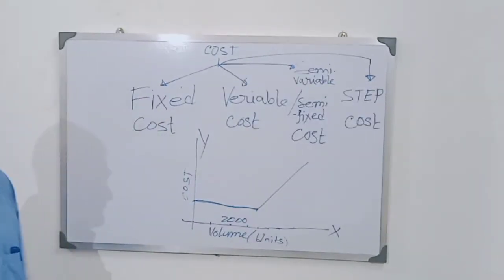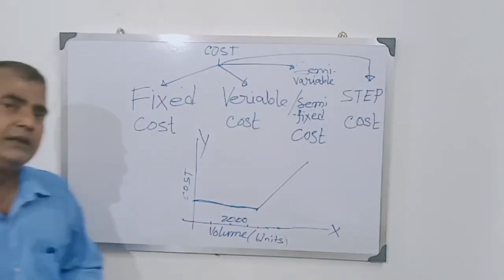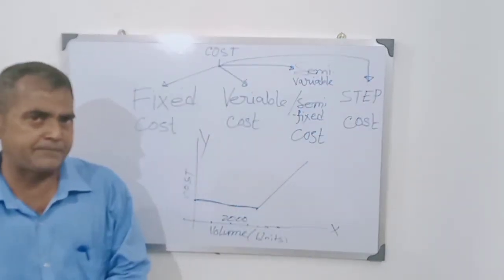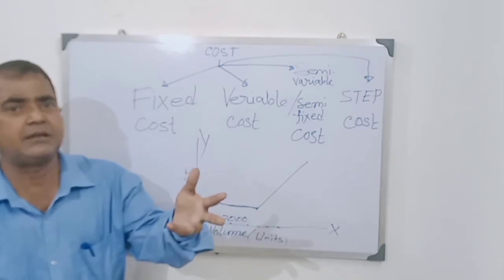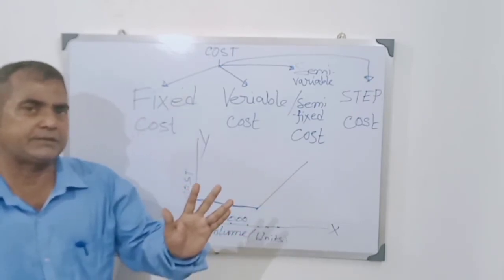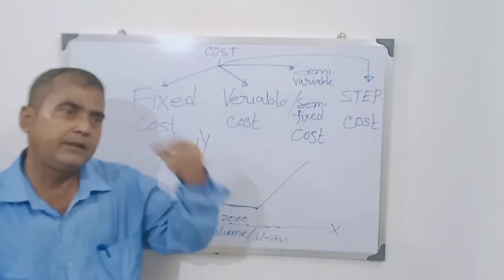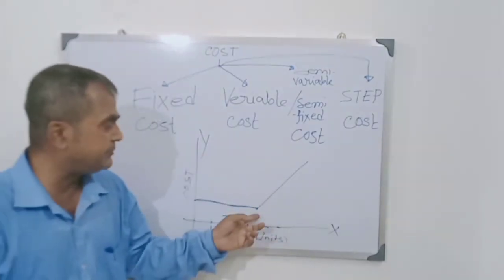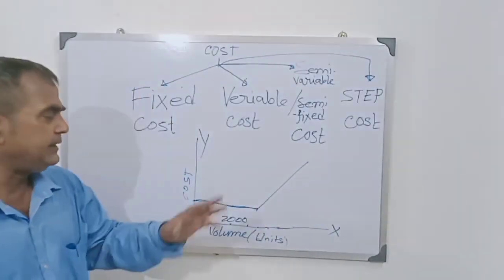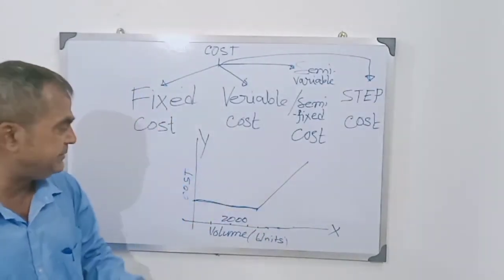It is like that. For example, if we take a taxi, first 50 rupees we have to pay up to 10 kilometers. After that, every kilometer it varies. Another example is the electricity bill.